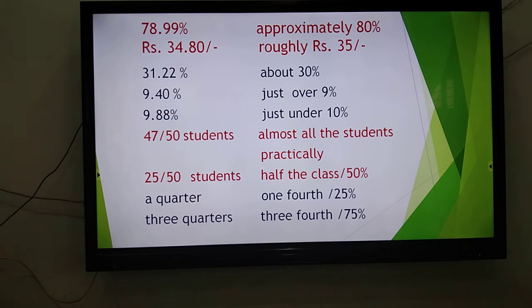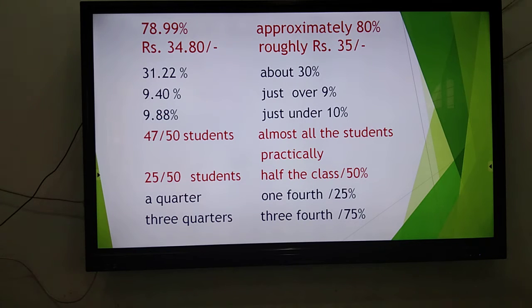Now 80 is near 78.99, which is around 79. So we can say 80%. We cannot say approximately 70%, otherwise it will become almost 9% less than the number that we have.